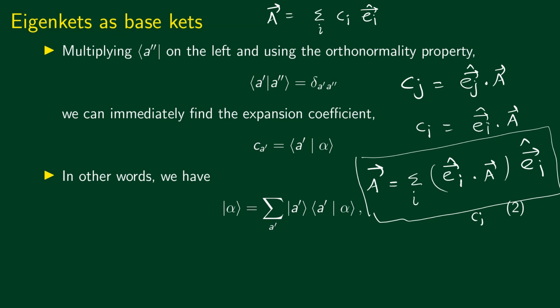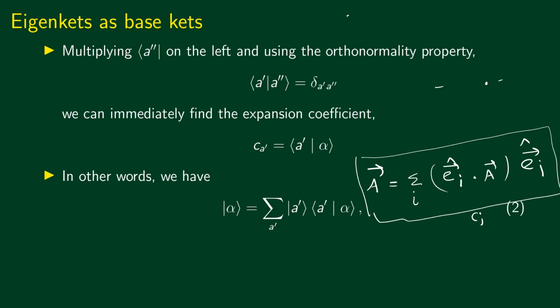So in the case of complex vector space, we said that any ket alpha can be expanded like this. We can write ket alpha is equal to sum over a prime of C a prime ket a prime. Now, in the case of the Euclidean vector space, what we did was we took the dot product with the base vector. We can do the same thing here.